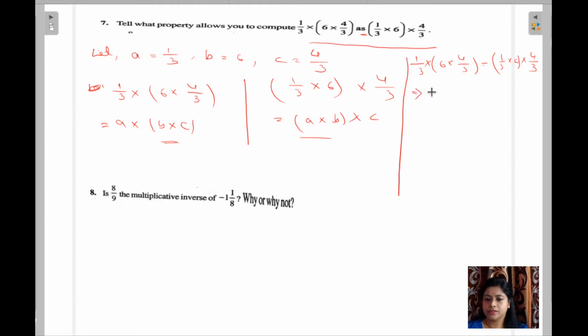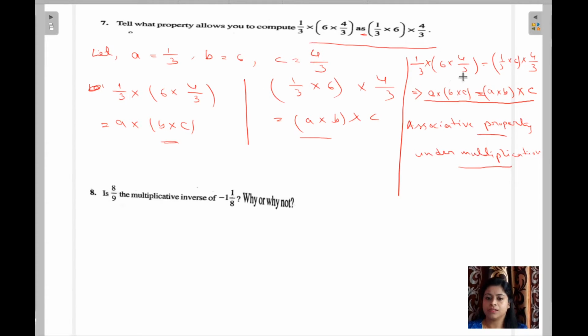We have already taken out A multiplied by B multiplied by C equals A multiplied by B multiplied by C. From this line you can clearly say which property this is. This is associative property under multiplication. So associative property under multiplication allows us to write this. This is very easy.